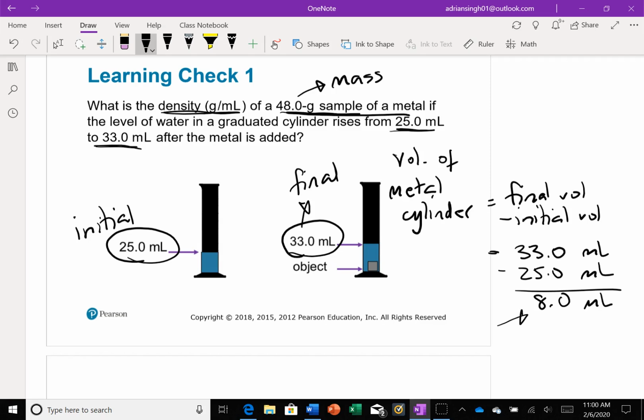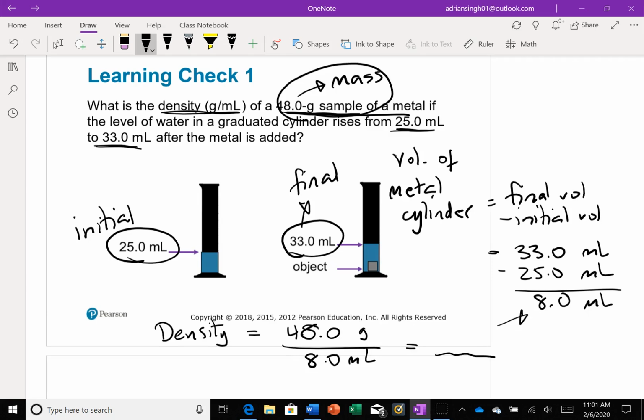So that's our volume of the cylinder. We have our mass up here as 48.0, so then we can calculate the density as being 48.0 grams divided by 8.0 mils, and then we get our density, whatever that happens to be. I'm not going to go through that. I think that's something that you can plug into your calculator relatively simply.